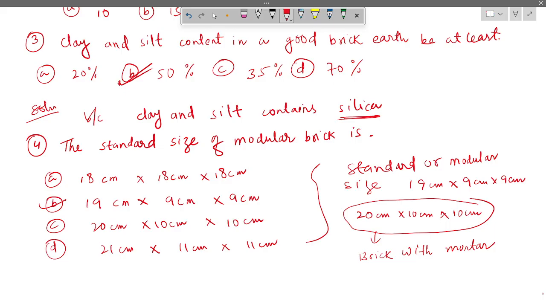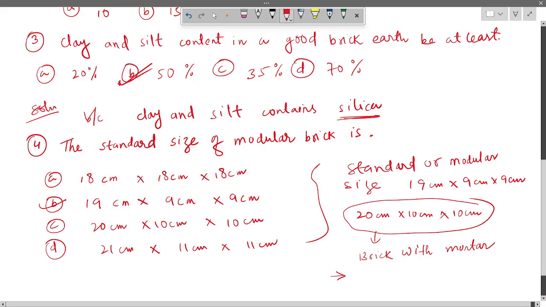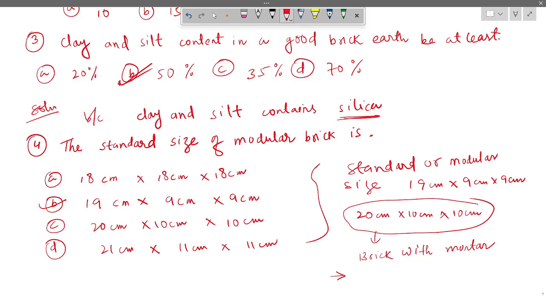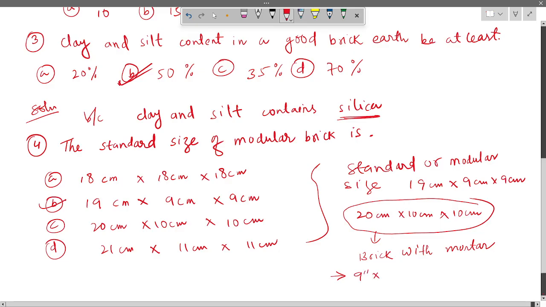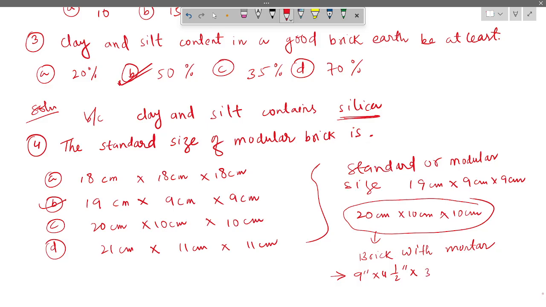As you know, there is also something called traditional size, which is not a standard size brick. So the traditional size is 9 inch into 4.5 inch into 3 inch.